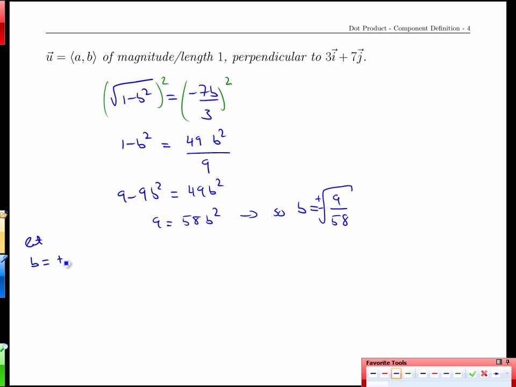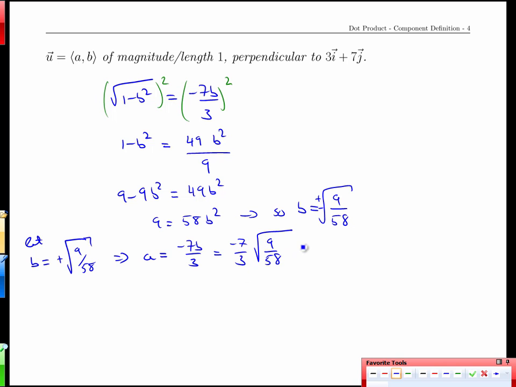So b is 9 over 58 square rooted, and our a, which goes with that, was minus 7b over 3, and so that would be minus 7 over 3 square root of 9 over 58. We can really simplify this. This 3 and this 9 are going to be able to cancel out in a second.